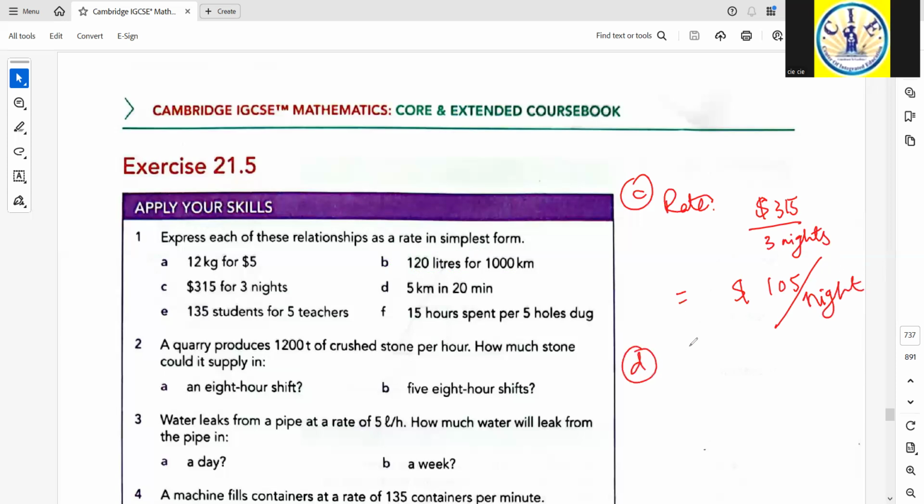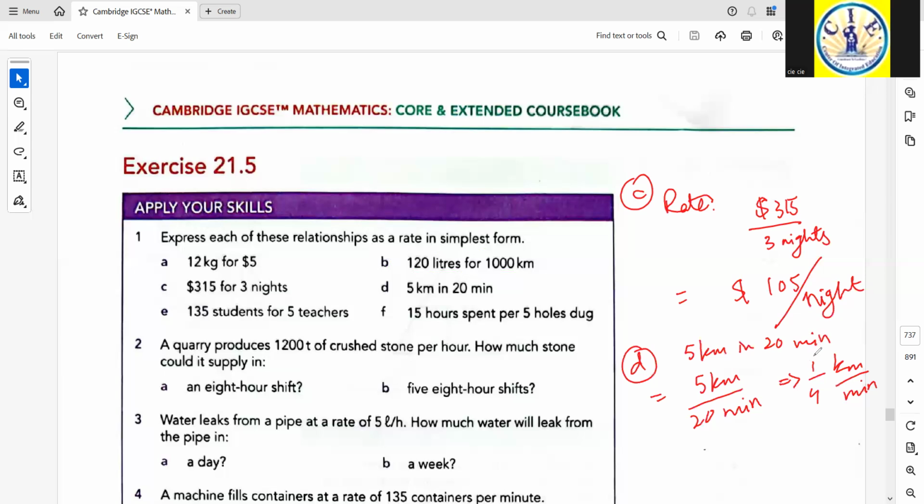Part D, 5 kilometers in 20 minutes, which can be written as 5 kilometers divided by 20 minutes. Simplifying it, we get 1 by 4 kilometer per minute.